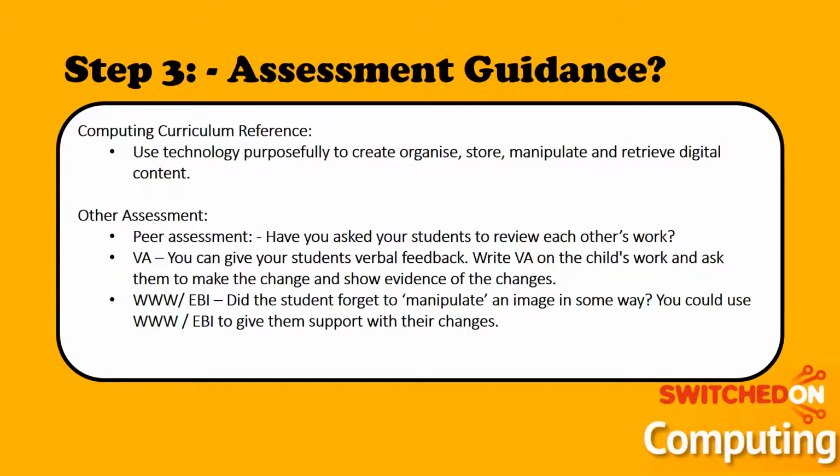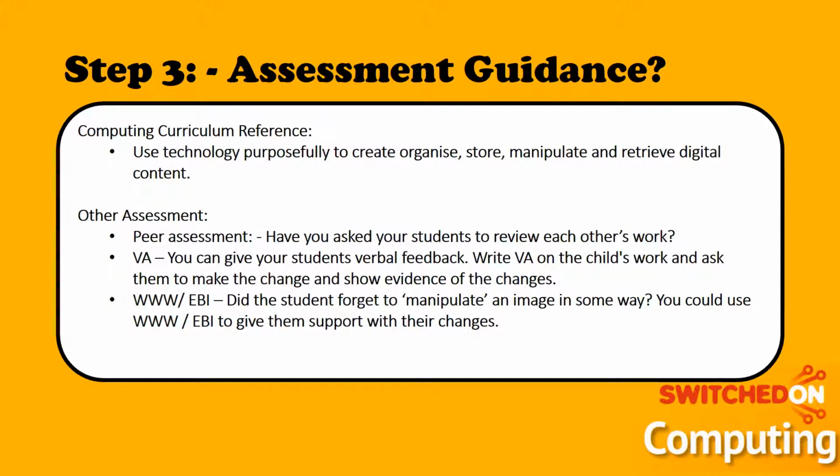There's also verbal assessment. What you can do is get your students to print off their work, and you can write VA on it along with the date and get your students to respond to the feedback you've given them. So if you've written VA on their piece of work and they print off a new piece of work, that's showing that they've made some sort of change and taken on the feedback you've given them. But you can also give them some feedback to say what was good about it and even better if. So what went well and even better if.